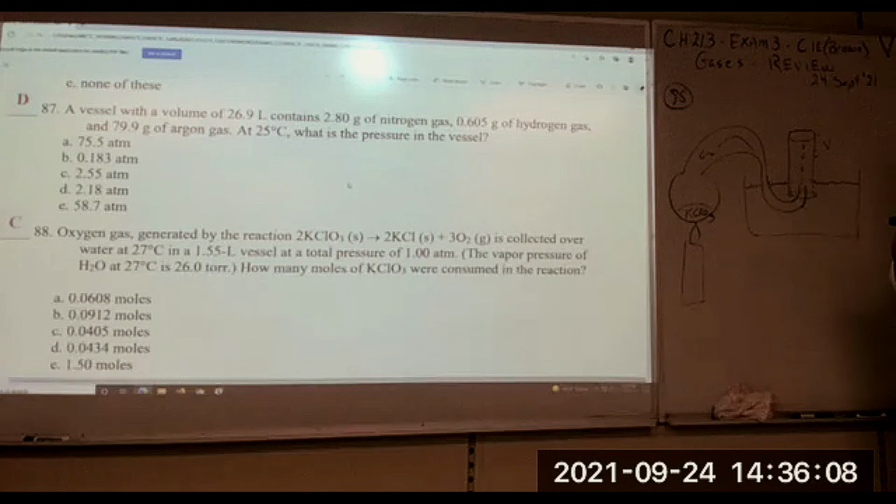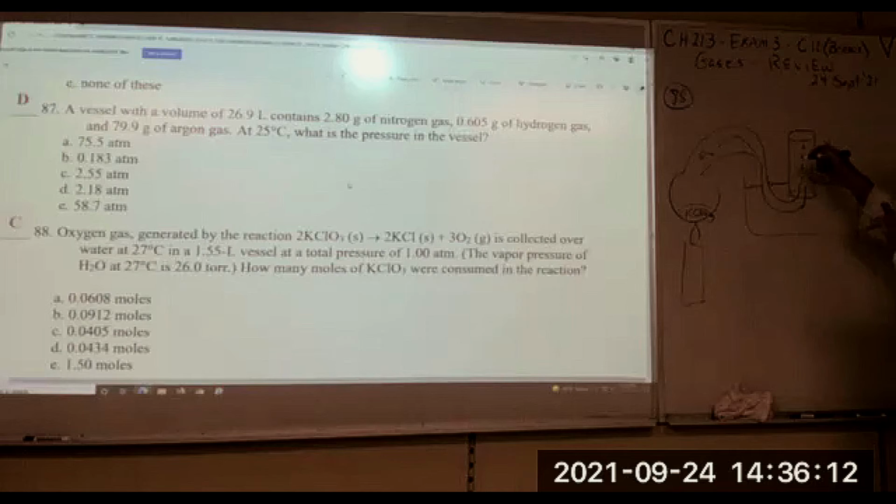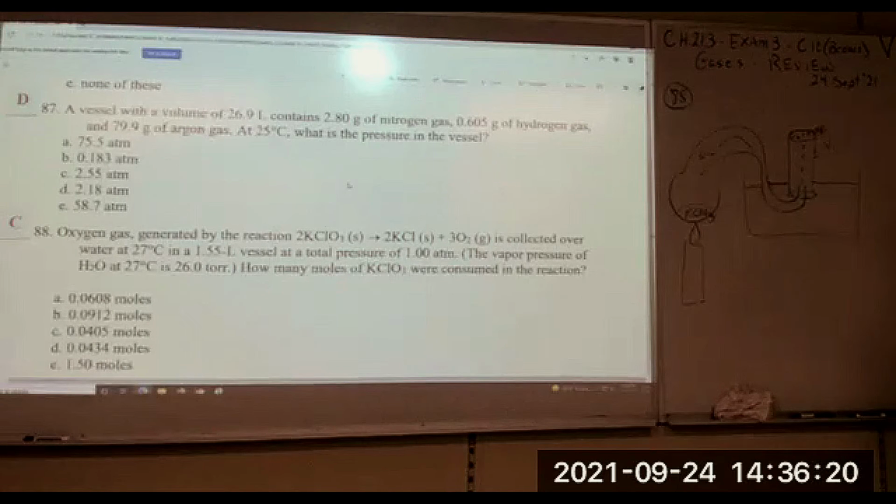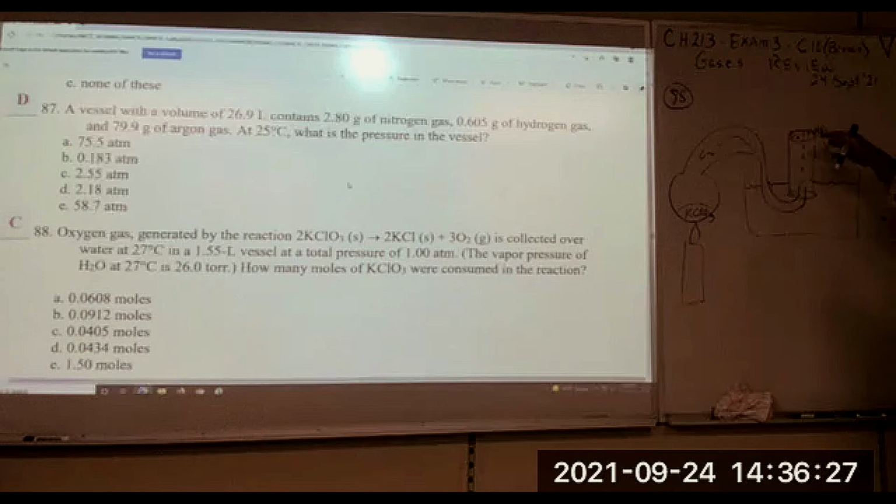Okay. So we can tell the volume of what? You can tell the volume of oxygen plus water vapor. So you don't know the amount of oxygen yet. You know oxygen and water vapor.